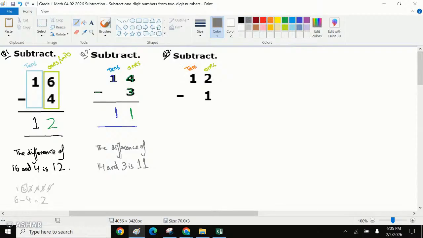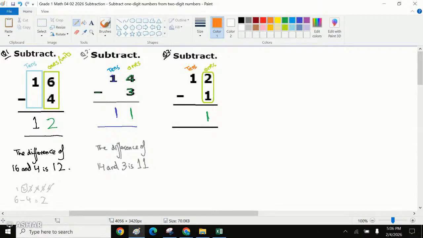So once we subtract the ones, what is 2 minus 1? When we are subtracting the ones, we are just looking at these two values. 2 minus 1 would be 1. Agreed?